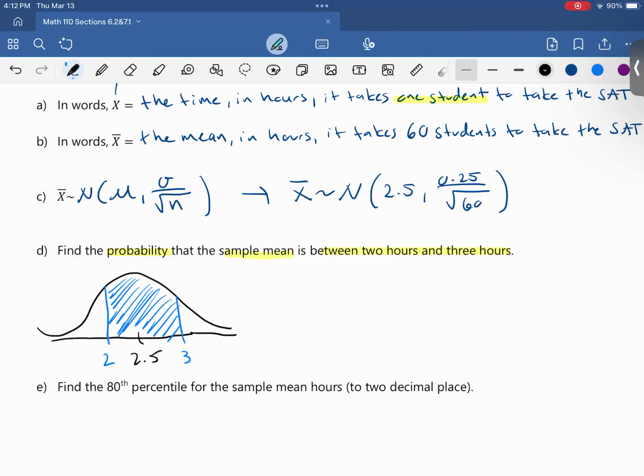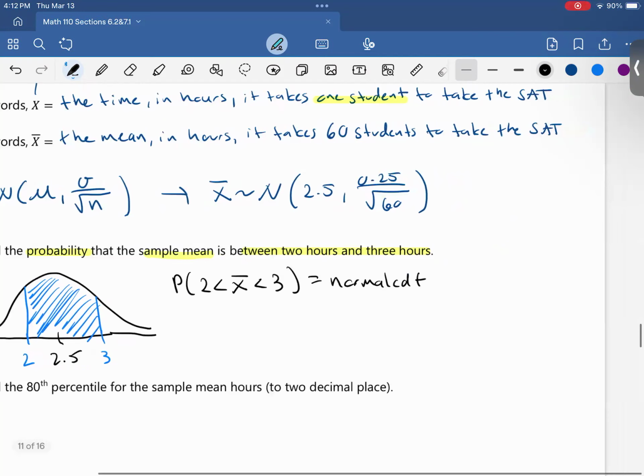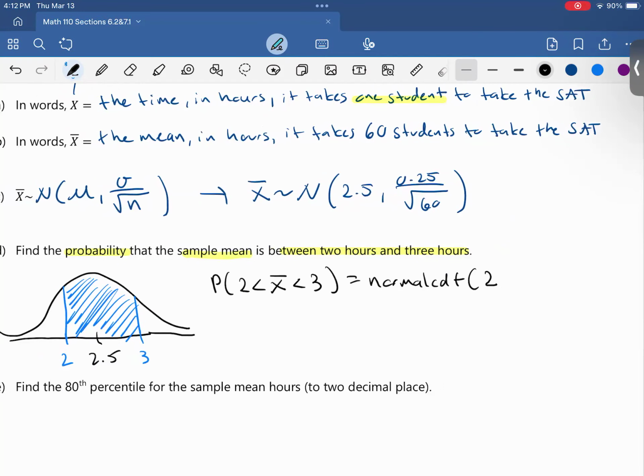When we want to find a probability of a distribution, we use normal CDF. So 2 is less than X bar, not just regular X, it's X bar, since we're dealing with a sample mean, which is less than 3. Normal CDF, our lower limit is 2, our upper limit is 3, our mean is 2.5, and our new standard deviation for the sample mean is 0.25 over the square root of 60.